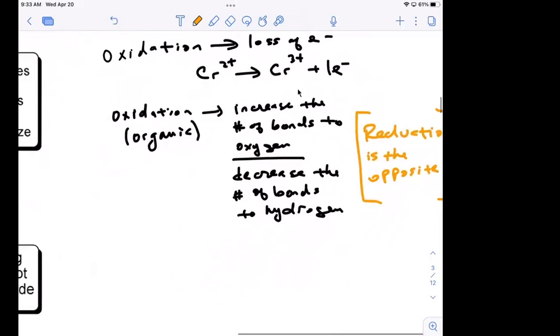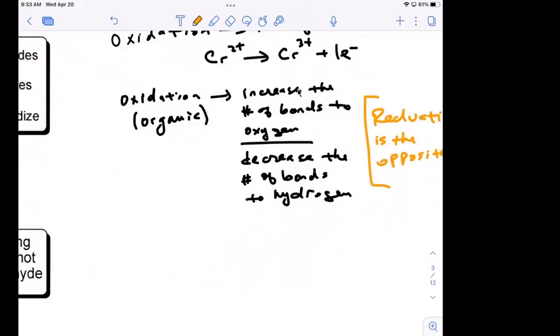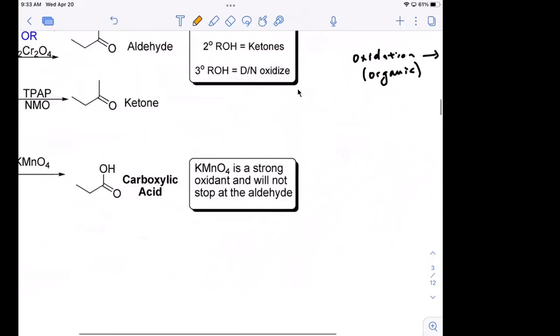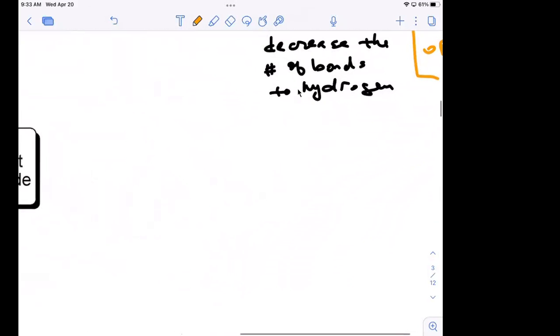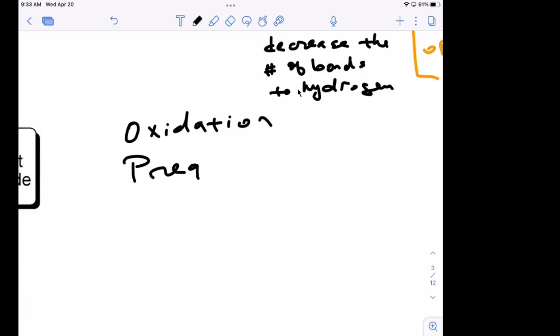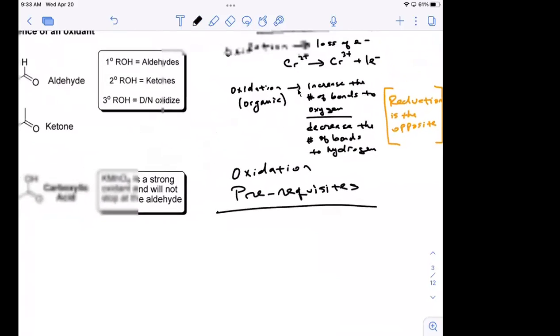All right, so reduction is the opposite. So all of these oxidations are going to follow a similar pattern. And let me show you. And then we're going to answer a question about oxidation over on the other side.